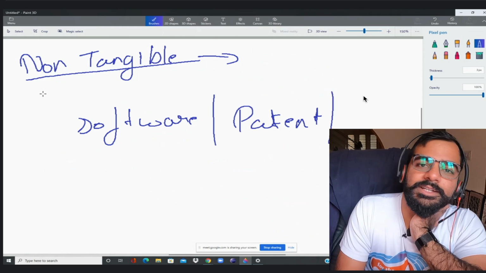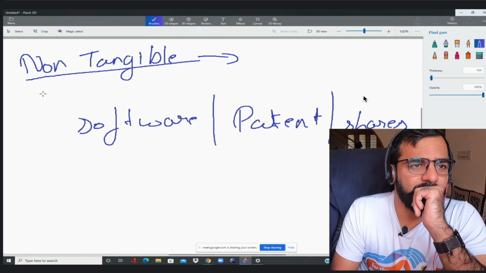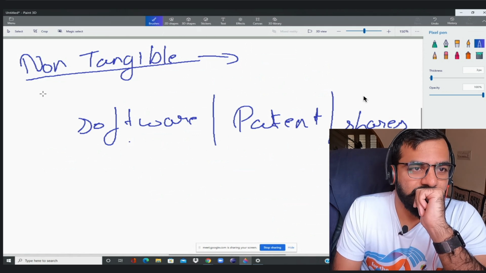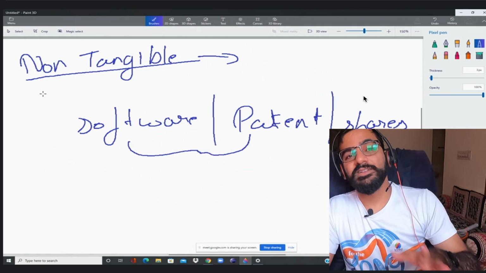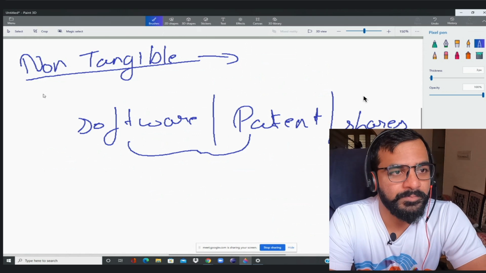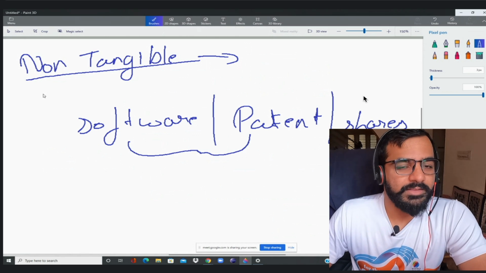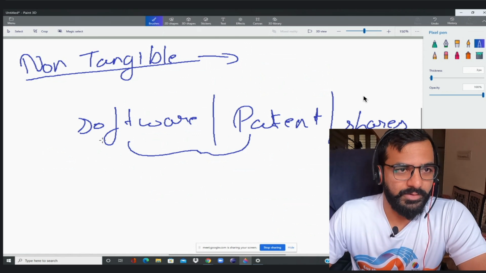Even shares are non-tangible. There are many other non-tangible things, but we will concentrate on two important things. When we go to liabilities, then I'll go to the next part, because this will confuse if I have not explained the liability part today. That's why I'm taking only two of the examples right now.